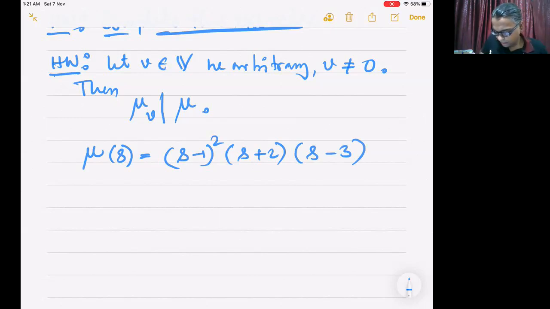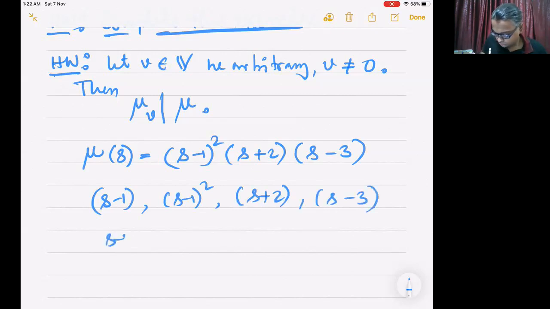It could be s minus 1, or (s minus 1) whole squared, or s plus 2, or s minus 3, or (s minus 1) into (s plus 2), and so on, all possible factors. Among all possible factors, one of them would be the minimal polynomial of this given vector.